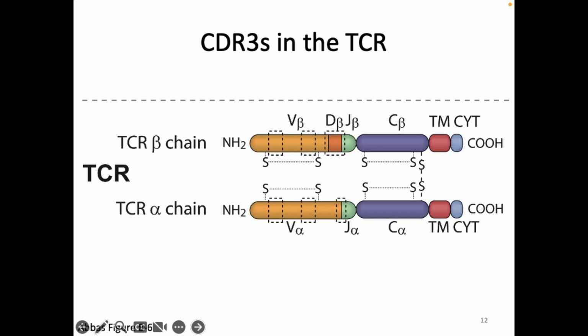Similarly for the alpha chain, CDRs 1 and 2 are based on which V region we're using, while CDR3 is made at the junction of the V and the J region. So again, same exact thing that we saw with the B cell.